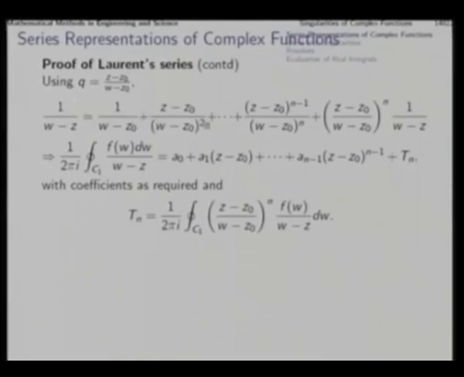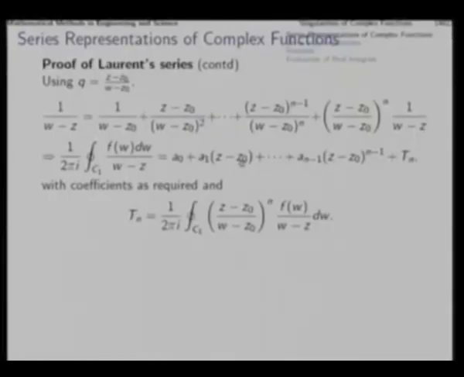I suggest that you evaluate these terms on your own and verify that this will come as described. This part is easy to evaluate, and the corresponding a0, a1, etc. terms will appear as the coefficient expression goes. Finally, this term will remain.